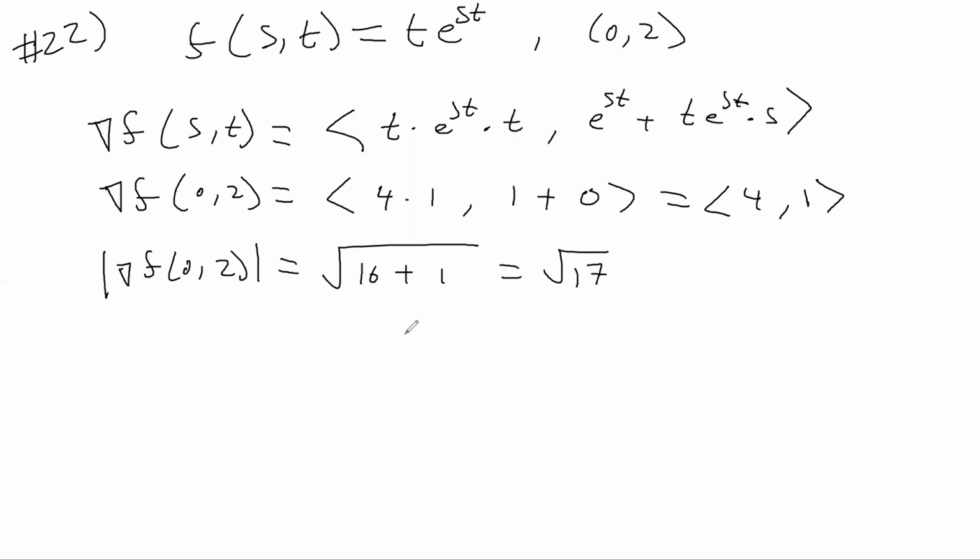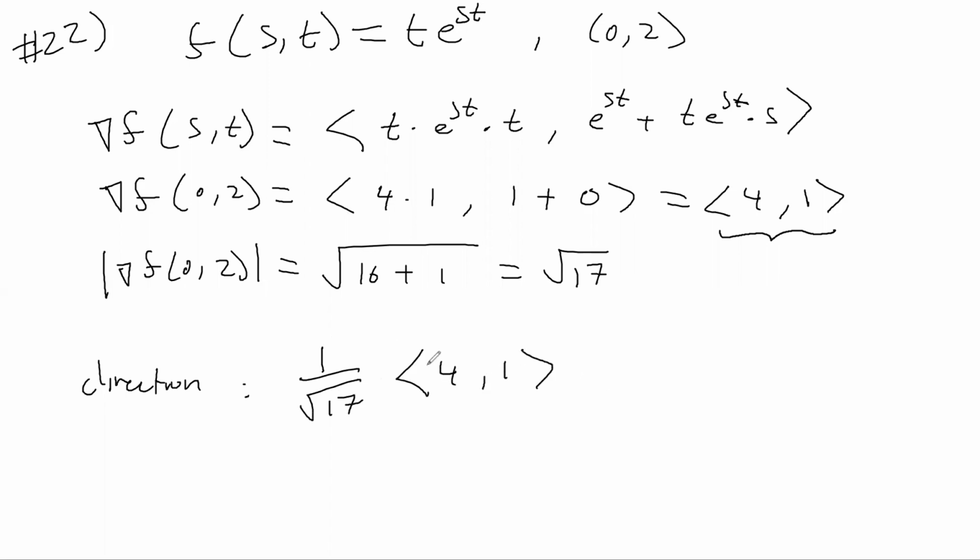Now, the direction of the vector is essentially just this right here. Sometimes they write this down in unit vector form. So the direction could be in the form of 1 over square root 17 multiplied by the vector 4, 1.